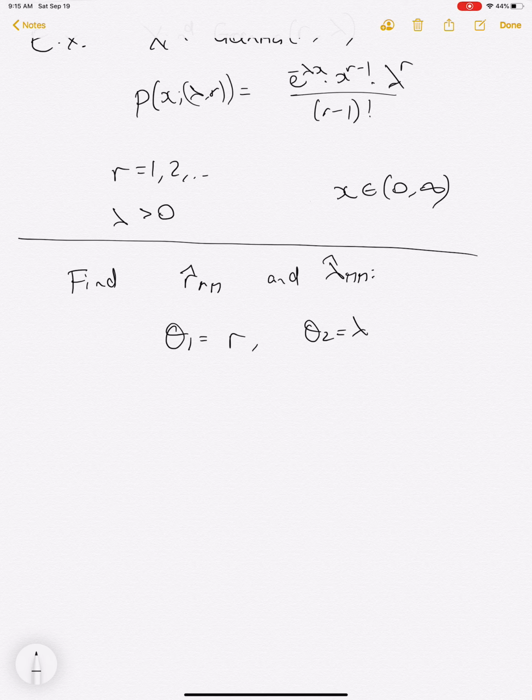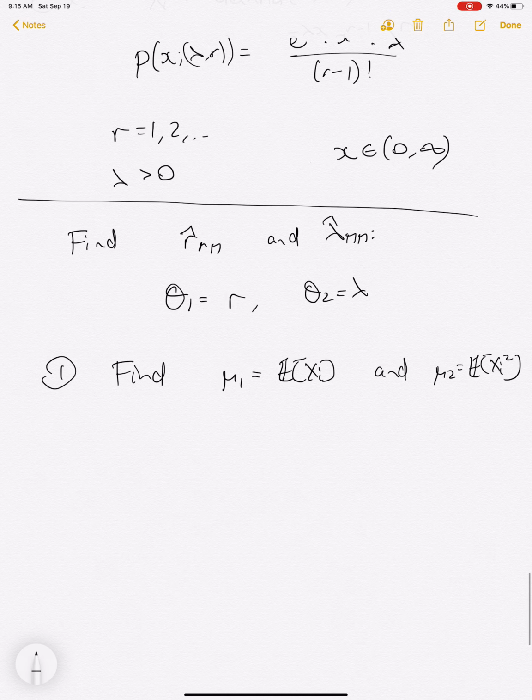So first we need to calculate. Step 1 is to find mu1, which is e of xi, and mu2, which is e of xi squared. So this is something you can potentially look up.